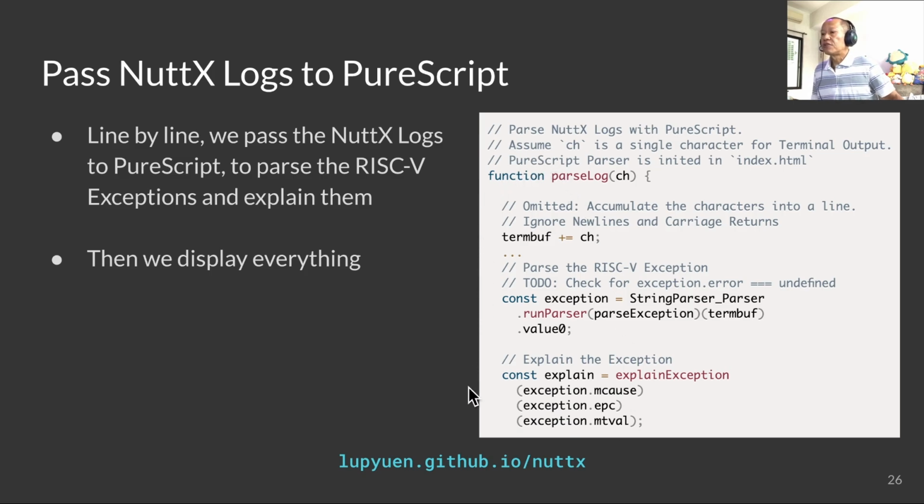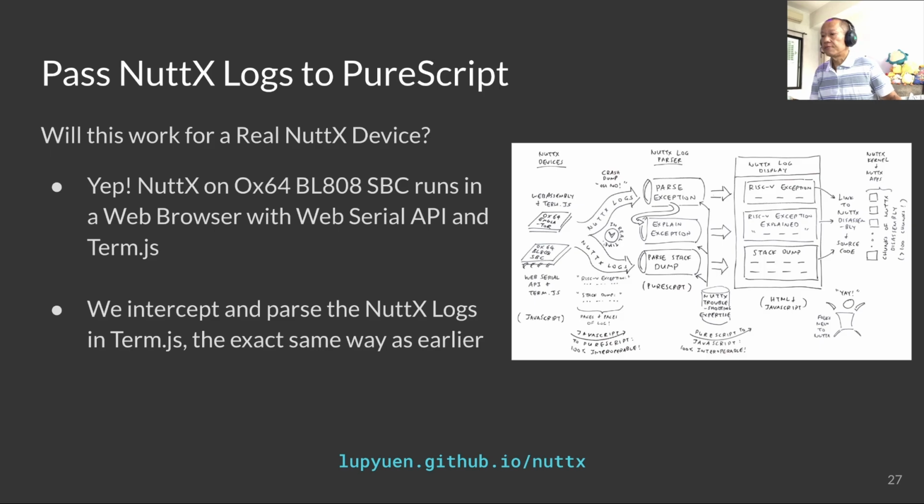Inside our JavaScript, this is how we pass and explain the NuttX logs by calling PureScript. Everything happens inside our web browser, thanks to the seamless integration between JavaScript and PureScript. This might become more difficult with other functional programming languages.